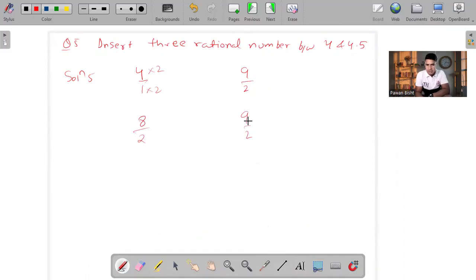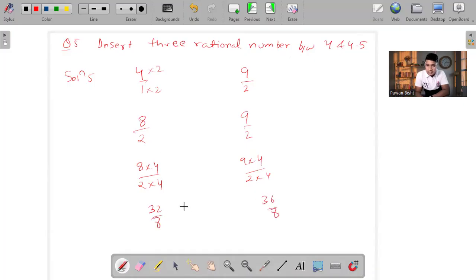Now the numbers are one just after the other. You have to insert three rational numbers. So multiply numerator and denominator with 4, right? 1 greater. So we are getting 32 over 8, 36 over 8.